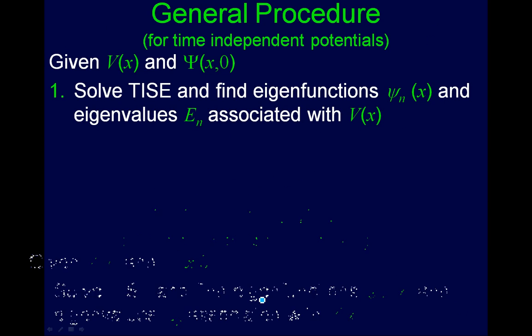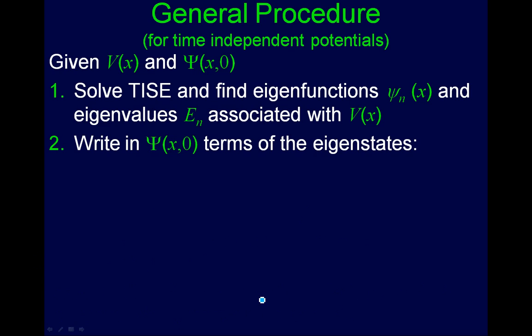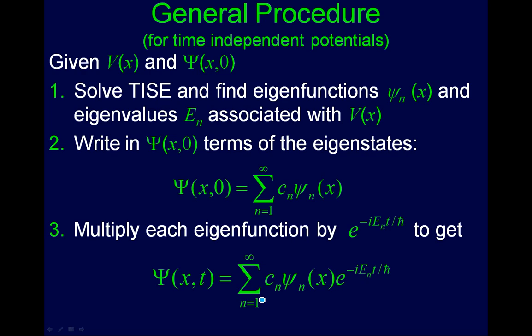And then finally, just to tell you where we're going, this is our general procedure for solving any kind of problem. In Chapter 2, we're going to solve the time-independent Schrodinger equation for different potential functions. And each time we're going to find the particular energy eigenfunctions for that potential energy, all right?